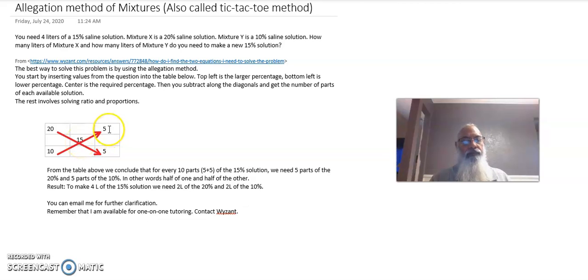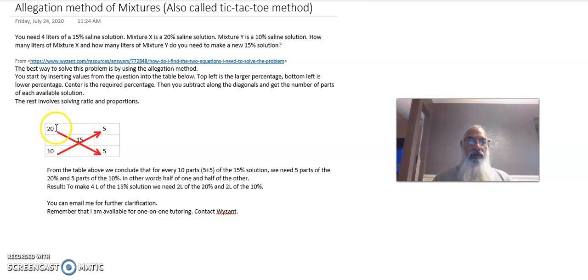Now, the next step is basically a subtraction. So what you do is you take the difference of the 20 and the 15. So look at the arrows. You're going by the diagonal. So you start with the 20 and the 15. I'm not saying subtract 15 from 20 or 20 from 15.